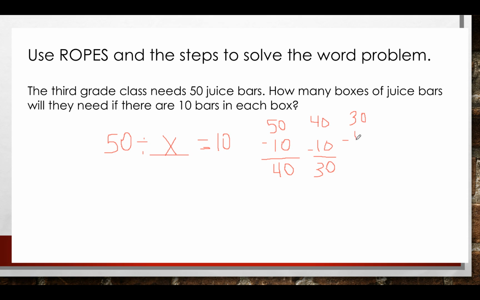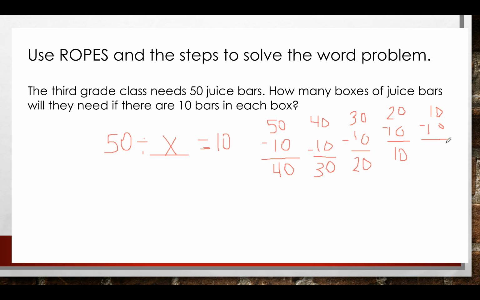And then that's going to give us 20. But we still haven't made it to 0 yet. So then we're going to take the 20 and subtract 10 again. And then that's going to give us the difference of 10, but we're still not at 0. So now we're going to take that 10 and subtract 10. Now we have a difference of 0.